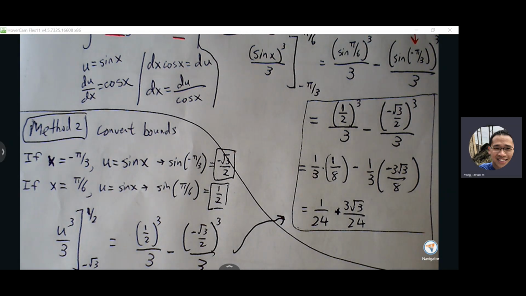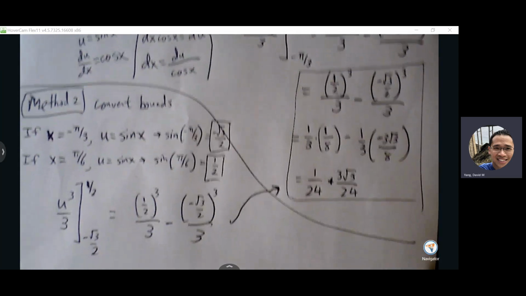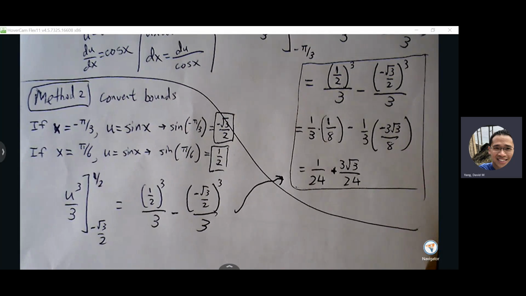Take the upper bound, that's in terms of x, push it through the equation, and get that upper bound in terms of u. And then you can use that u cubed over 3, evaluate between 1/2 and negative root 3 over 2, and you get the same result. All right, you can choose to do either way on it.